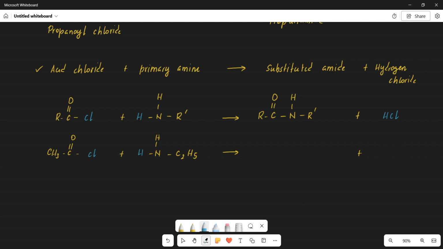I just use the same color code so that there will be no confusion. Then I connect the remaining in yellow color, C double bond O, then NH. I'm not changing the order. Please, you have to follow the same order. We don't change the bonds. So this is N-ethyl ethanamide. As usual, this is ethanoyl chloride.